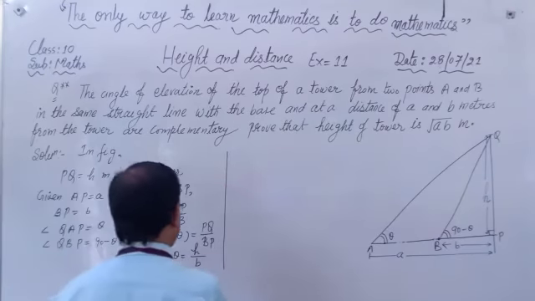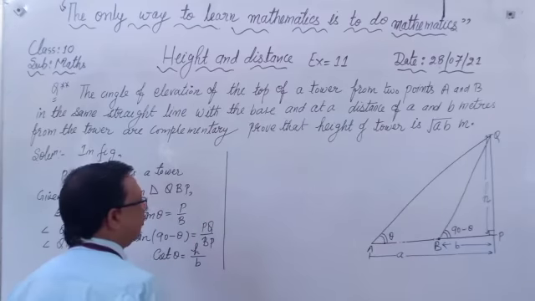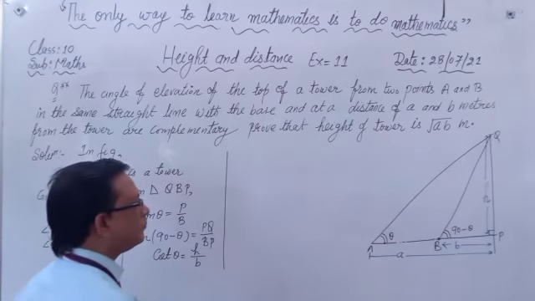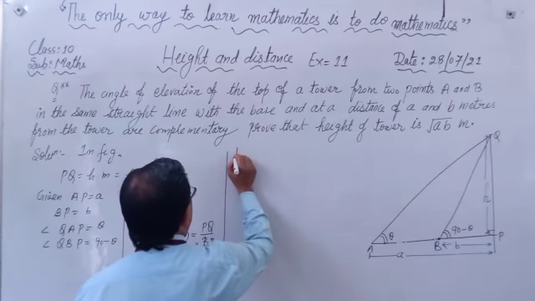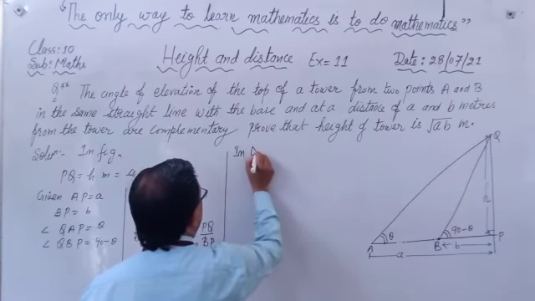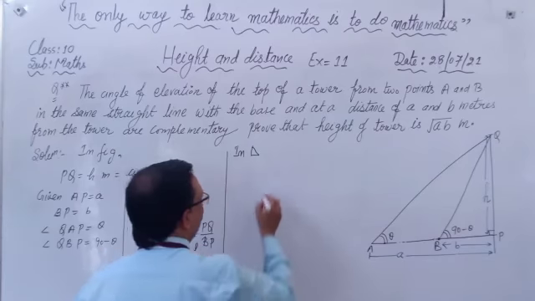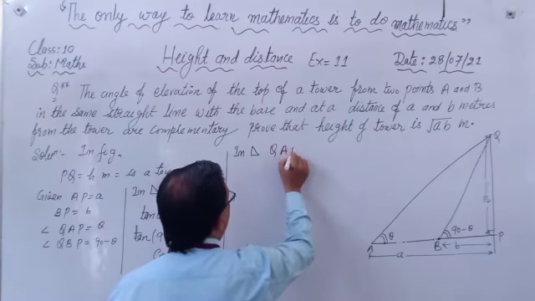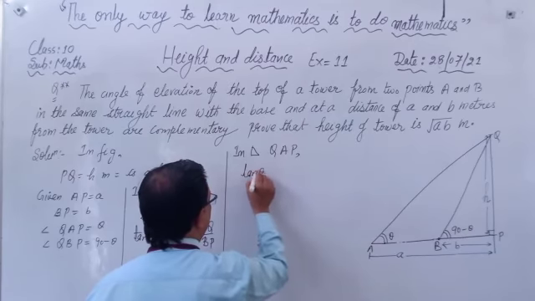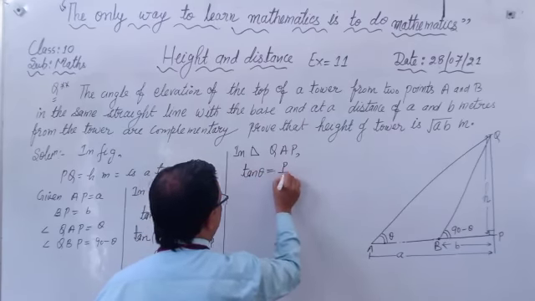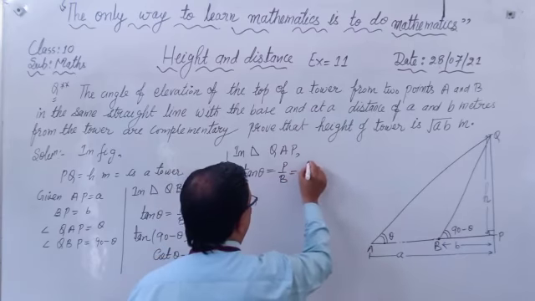Now we take another triangle, right angle triangle QAP. We apply the same formula, tan theta is equal to perpendicular upon base. So here perpendicular is PQ and base is AP.